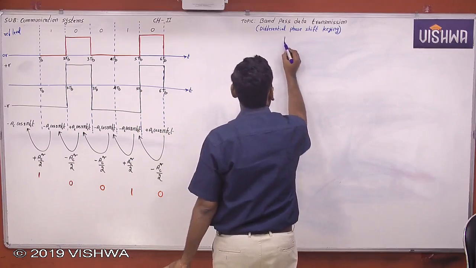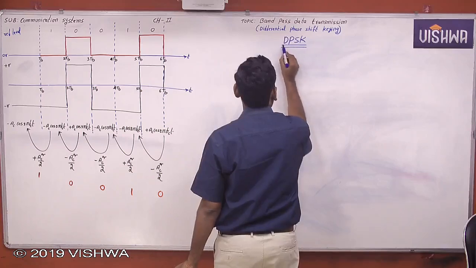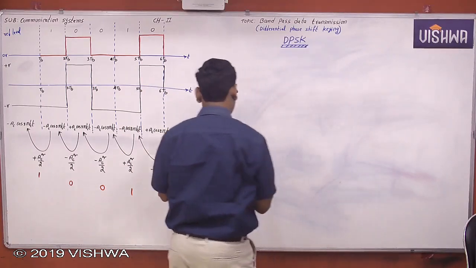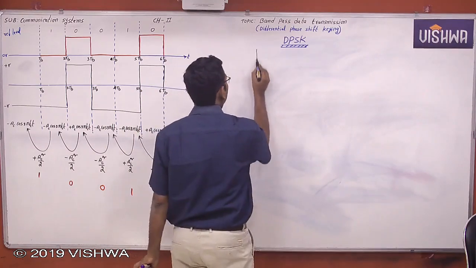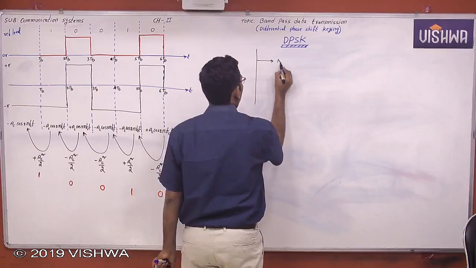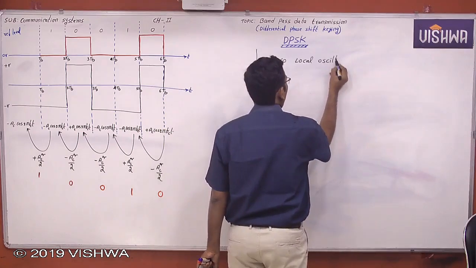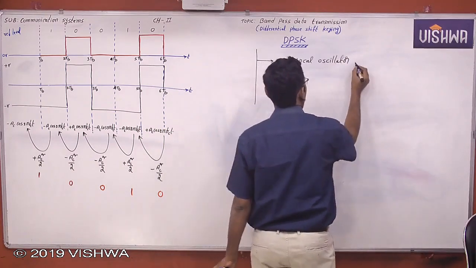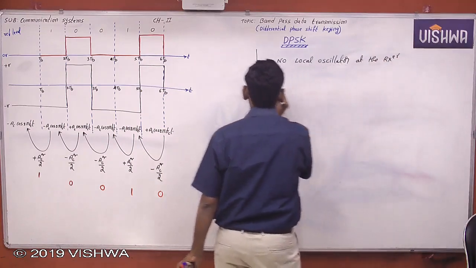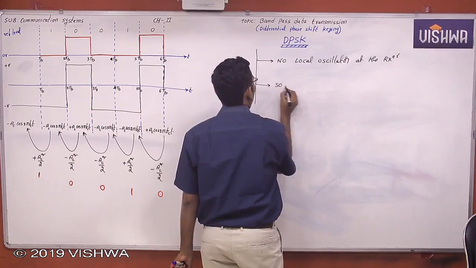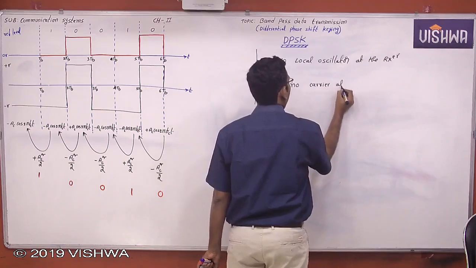Differential phase shift keying, DPSK. Now we just see a few points here. No local oscillator at the receiver, so no carrier at the receiver.